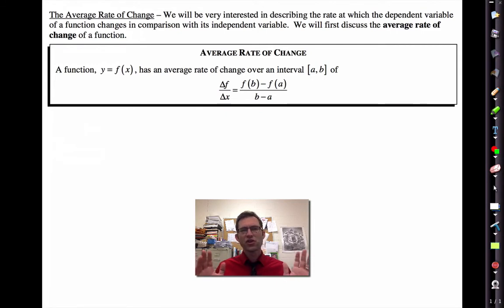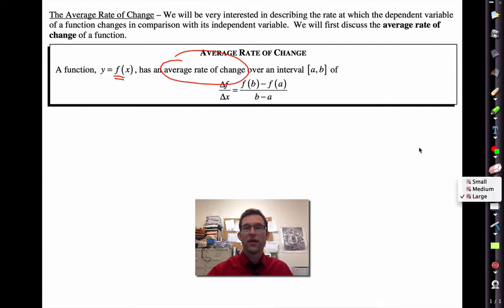So the average rate of change is very simple. If we're given a function f of x, and we want its average rate of change, then we calculate that by simply finding how much the function changes over the interval versus how much the independent variable changed over the interval, right?